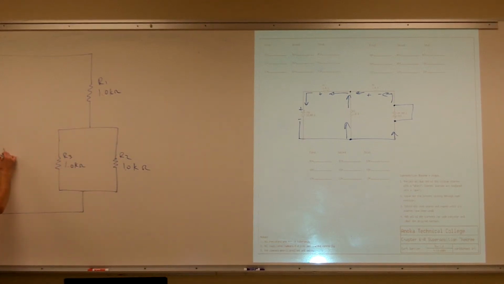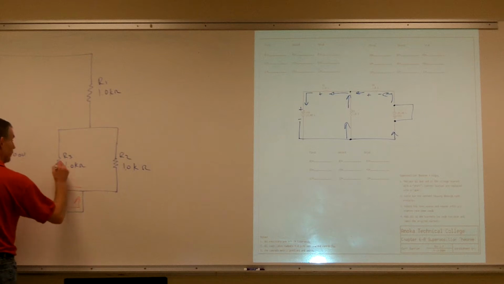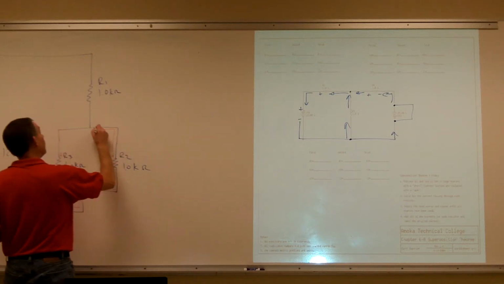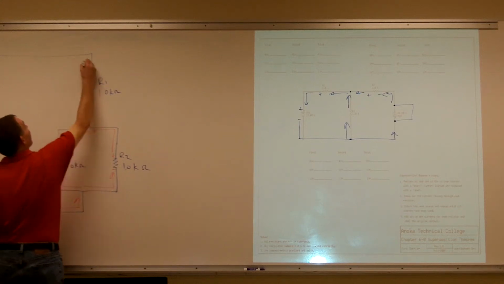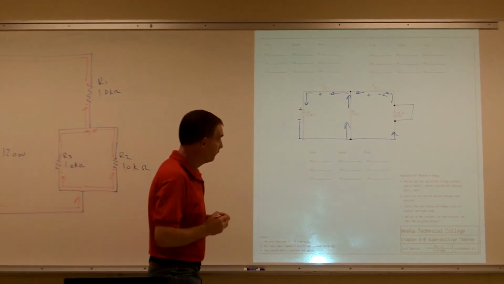It's 12. Okay, current path and polarities. Again, sometimes I'll skip that, but you shouldn't. It's good practice.